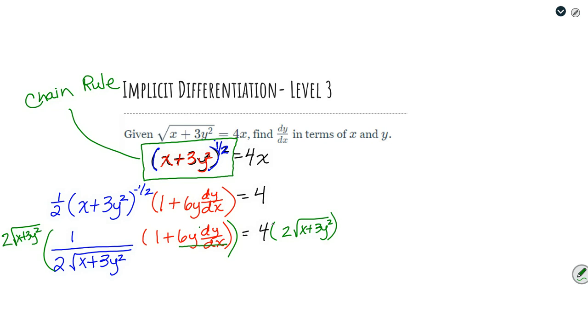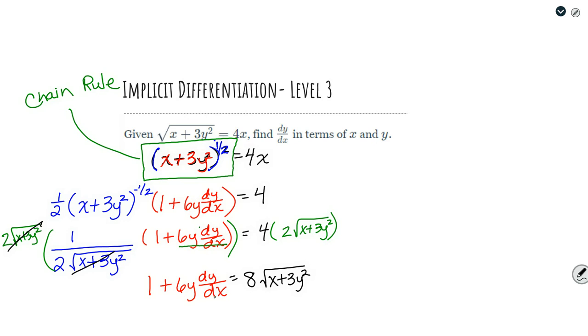So on the left side that cancels out, and 1 times what's in the red is 1 plus 6y dy/dx equals 4 times 2 is 8, so 8 square root of x plus 3y squared.